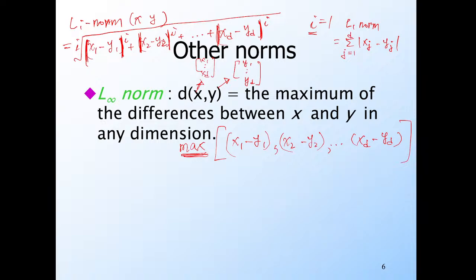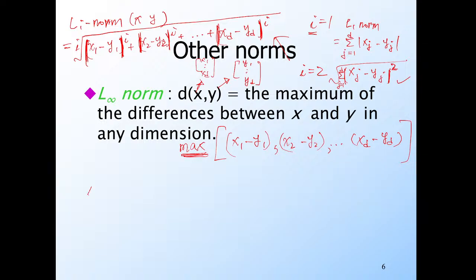And if i equals 2, then based on this formula, we have xj subtract yj squared. Absolute value or not doesn't matter because we have a square here. And then take the square root, summation j from 1 to d. So again, this is the same as our previously introduced L2 norm.